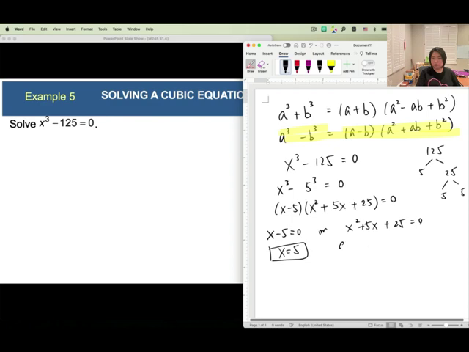So my a is going to be equal to 1, b equal to 5, c equal to 25. And then I'm going to plug it in. So negative b plus minus square root of b squared minus 4ac over 2a.